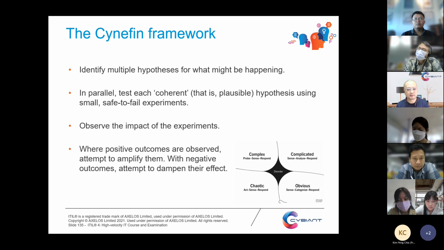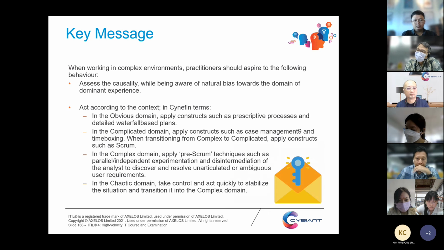Once you've categorized it, there is a way to look at what we can manage and what we cannot manage. The obvious one, of course, we can manage. The complicated we can manage. The complex we can manage, but the chaotic seems to have no pattern at all. So this framework is just trying to categorize into the four categories.